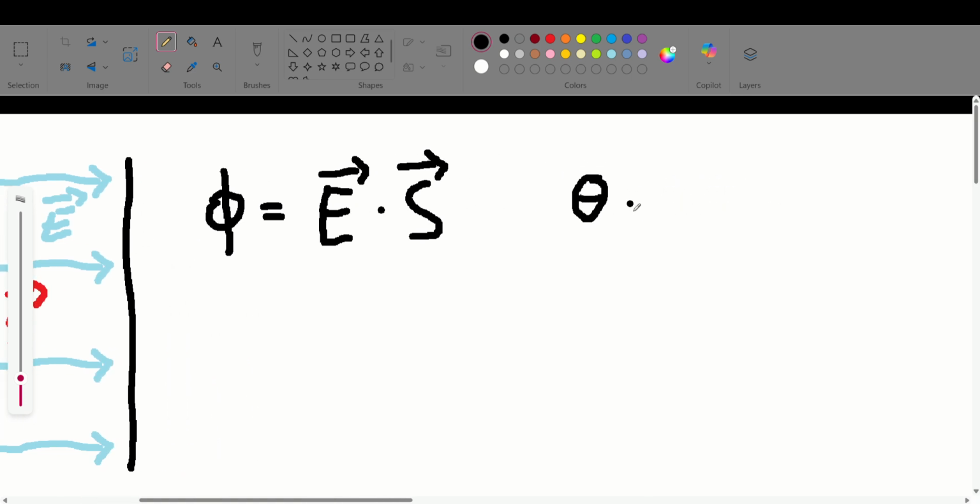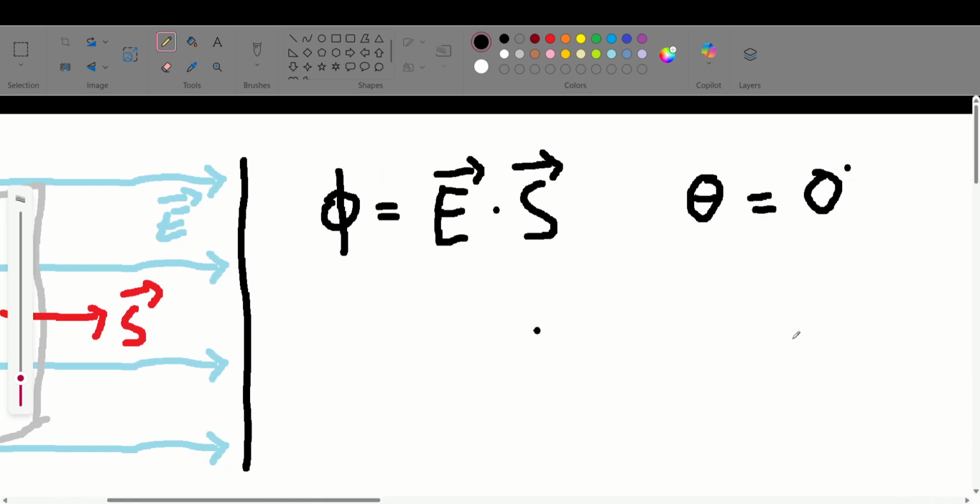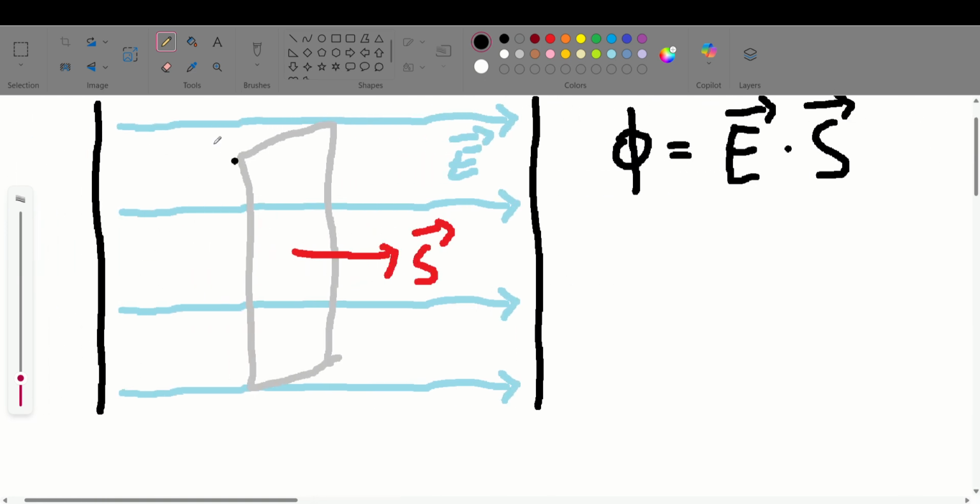That is 0. Let's talk in terms of degrees. So that is 0 degrees, and the flux is maximum when the angle is 0, which means that the flux would be minimum if the angle were 90 degrees.